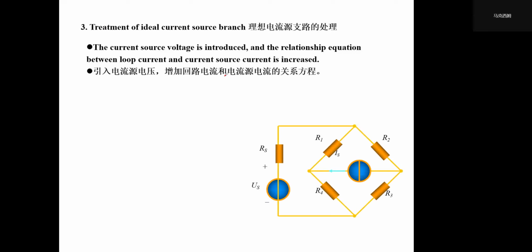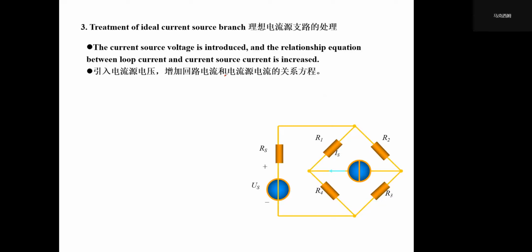And for the treatment of the ideal current source branch, if we have a current source, we generally choose the loop current to be the current of the current source. That will save us one equation.